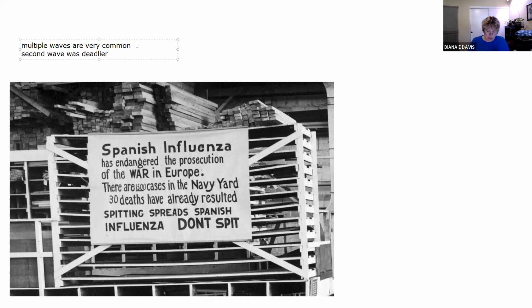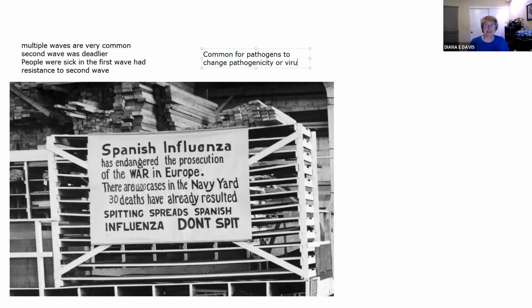But we do know the people who were sick in the first wave had resistance to the second wave. So clearly it had just changed. It is common for pathogens to change pathogenicity or virulence over time.